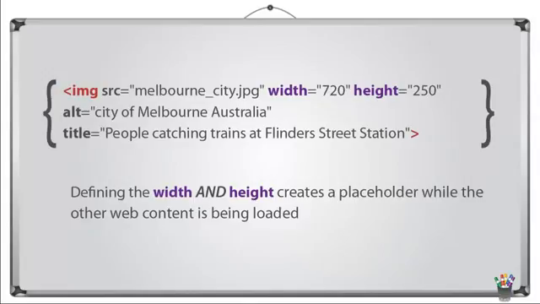Now if we look at the slide, and when we start thinking about Google rankings or a better user experience, we can also place the width and height attributes in the image element itself. Why is that important? It is very important because when an internet browser loads, if we define the height and width, it will create a placeholder, so to speak, while all your other web content is being loaded.